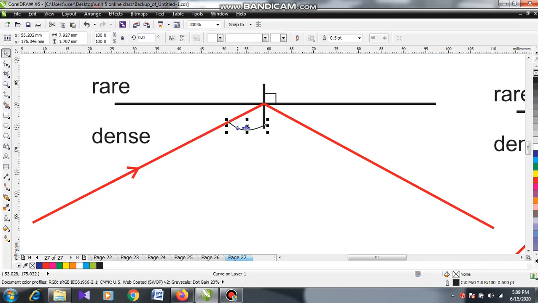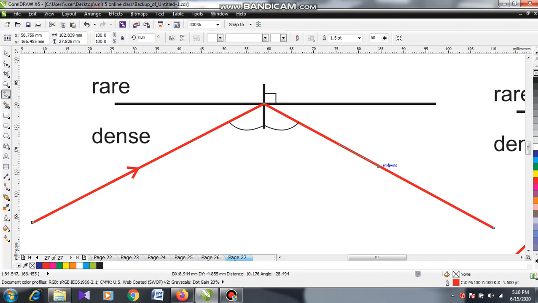So, in the case of reflection, the two angles will be equal. Angle of incidence equal to angle of reflection.